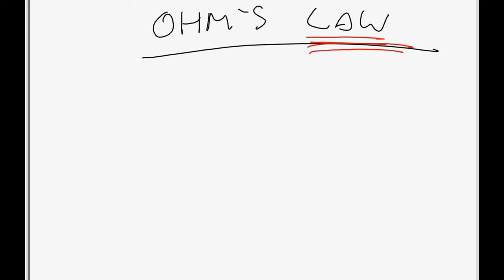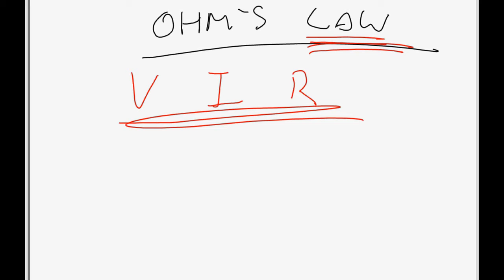Well, Ohm's Law is basically the relationship between voltage, current and resistance. It's how all three of these are related together. And Mr. Ohm, one of the great-grandfathers of electronic engineering, found out and stated that the voltage is equal to the current multiplied by the resistance.